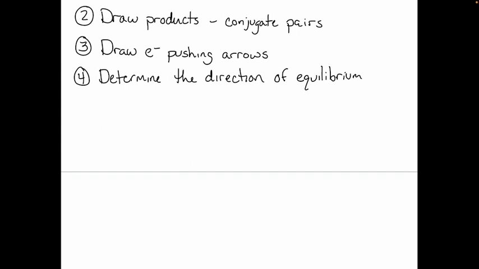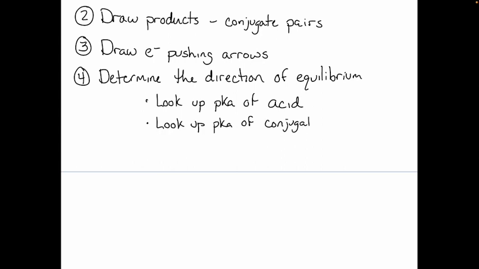So in order to determine the direction of equilibrium, we're going to look up the pKa of our acid, and then we're going to look up the pKa of our conjugate acid, and we're going to compare them.